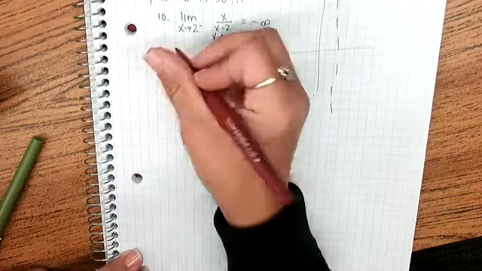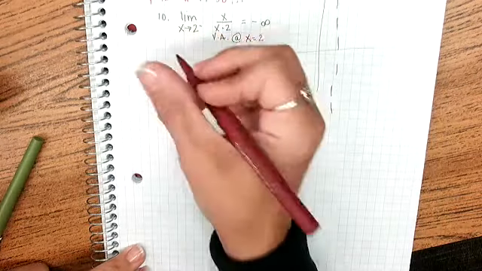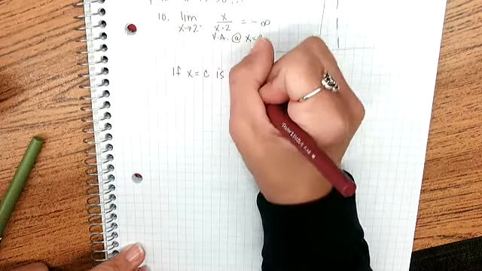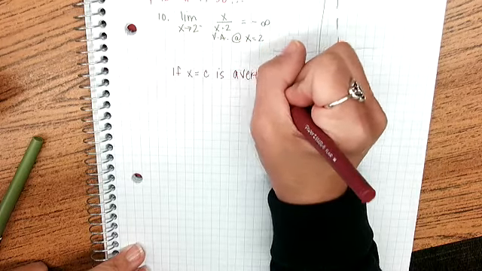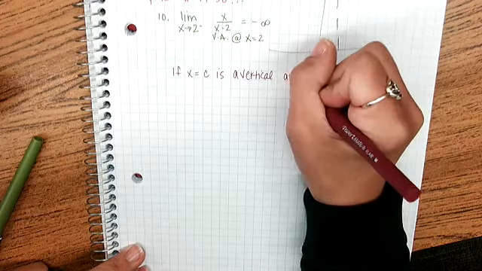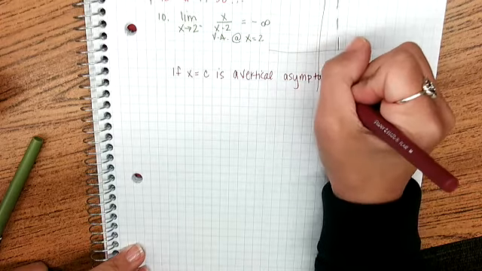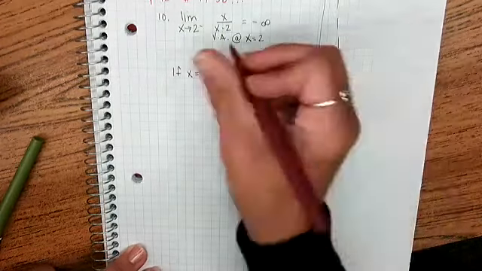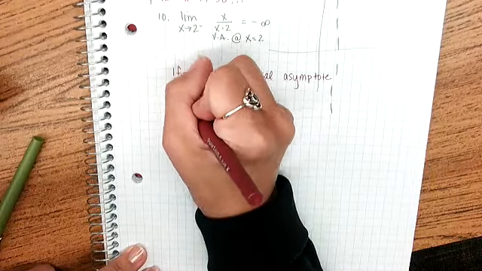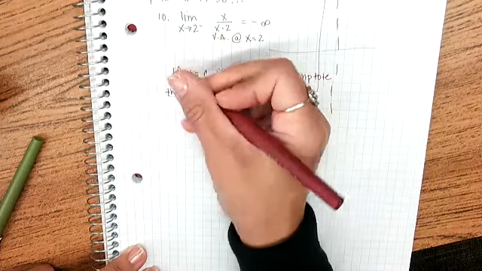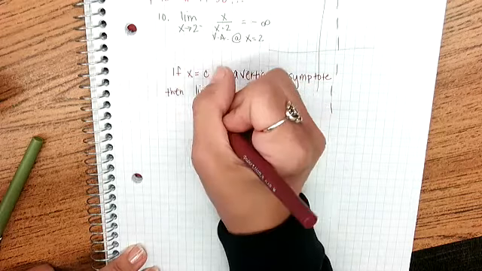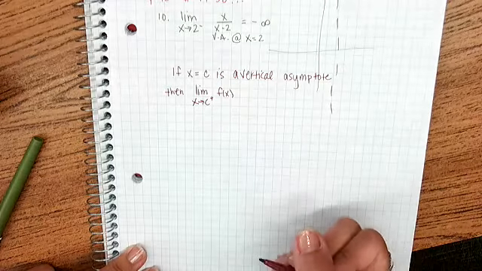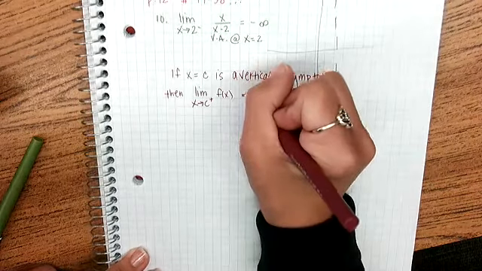When you have a vertical asymptote, so if x equals c is a vertical asymptote, then the limit as x approaches c from the right of the function has to be either plus or minus infinity, and same thing with the left.